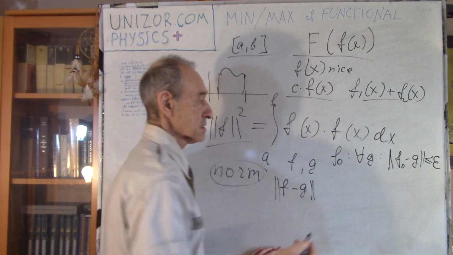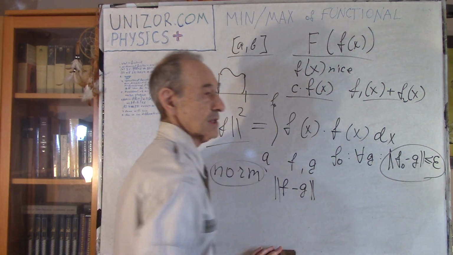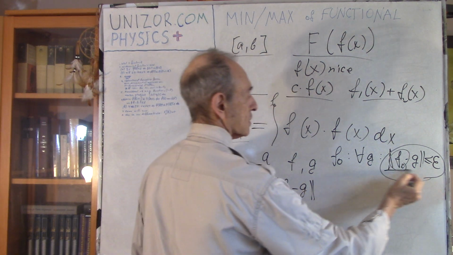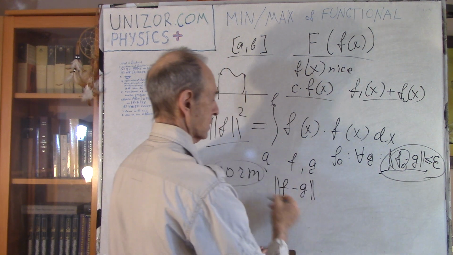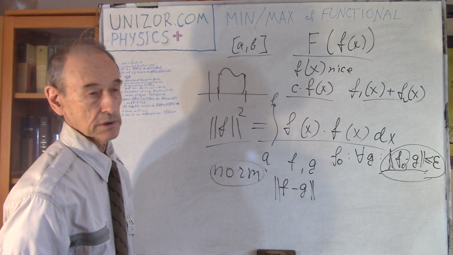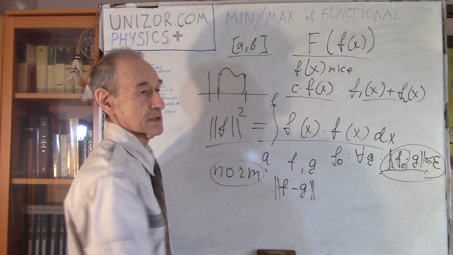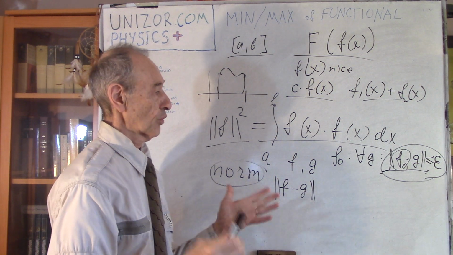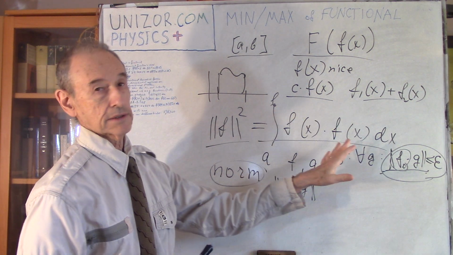So this is an epsilon neighborhood of function f, defined through the distance according to the definition of norm, and norm is defined in terms of scalar product. And scalar product is defined as an integral. Or it can be some other definition of norm. Norm can be not related to a scalar product.